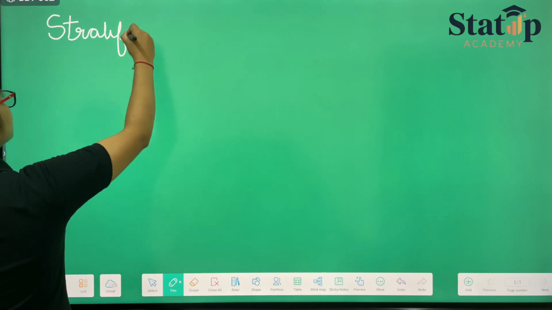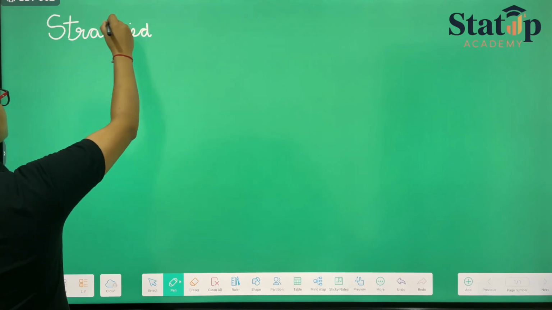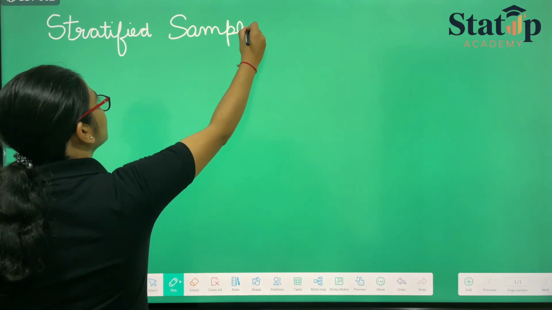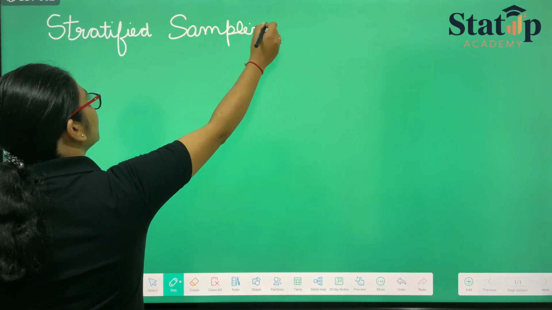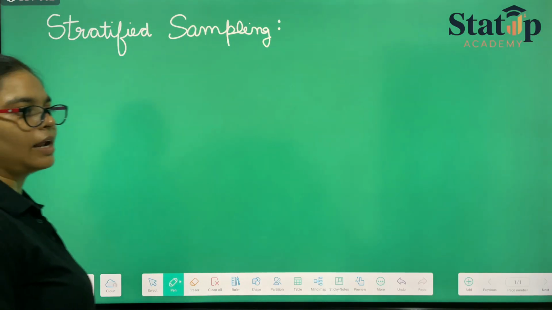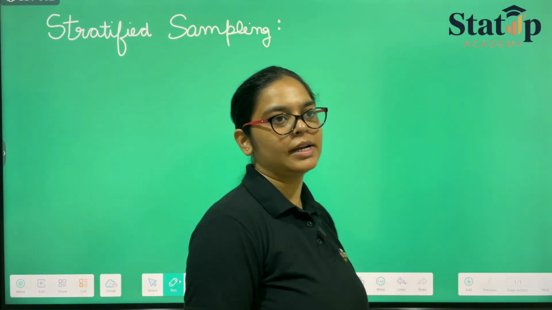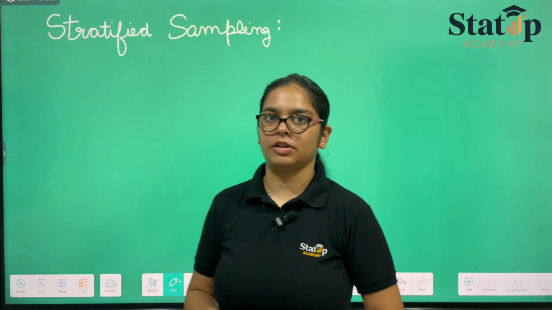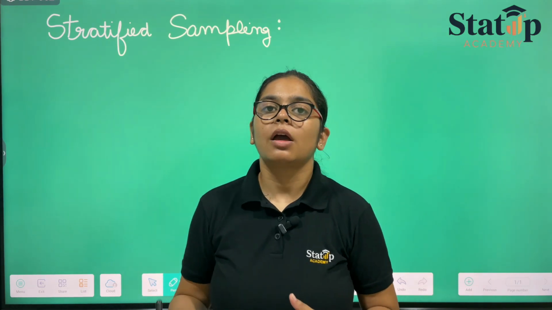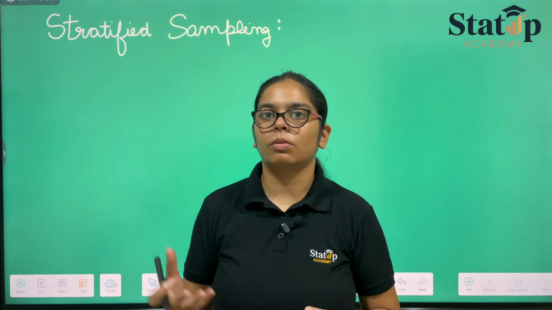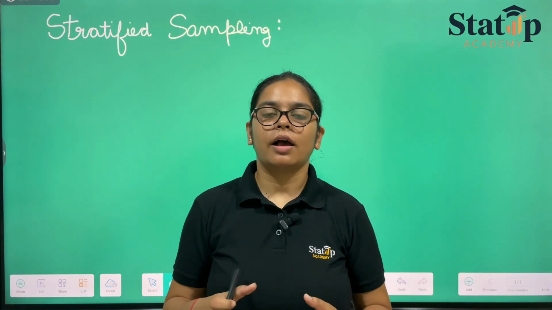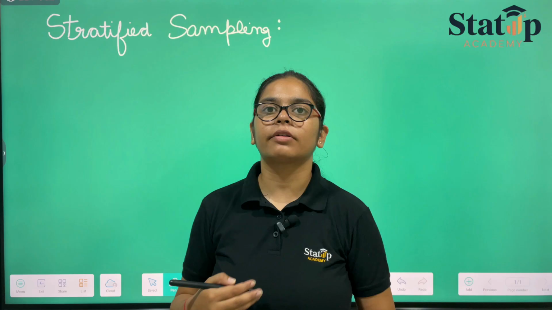Stratified sampling. Now, if we go back to simple random sampling with replacement or without replacement, we have a whole population and we just pick one sample unit, then a second sample unit and a third, irrespective of how they are represented.